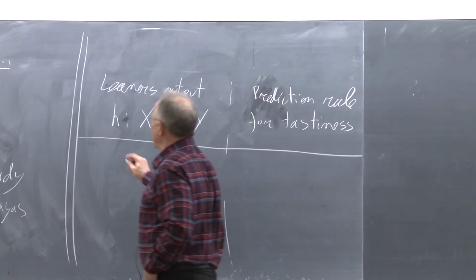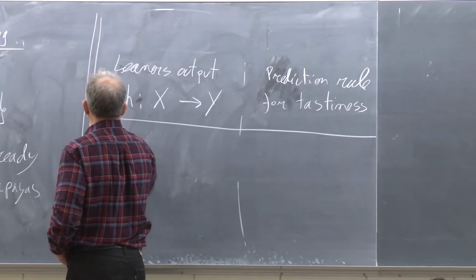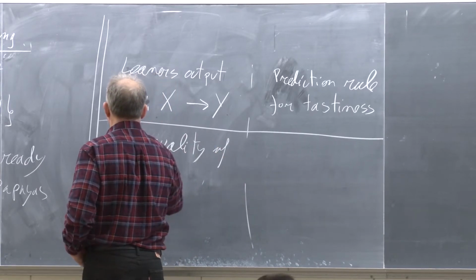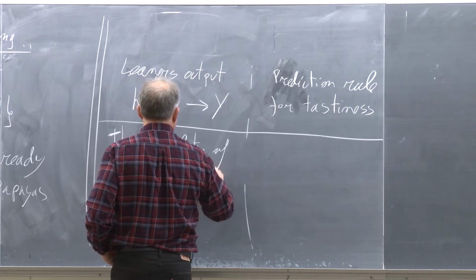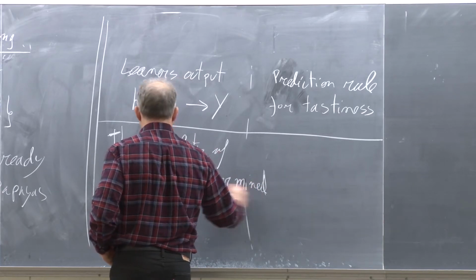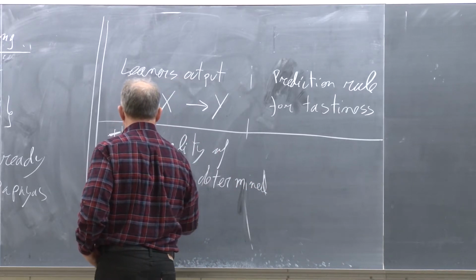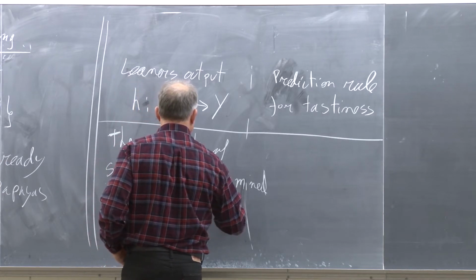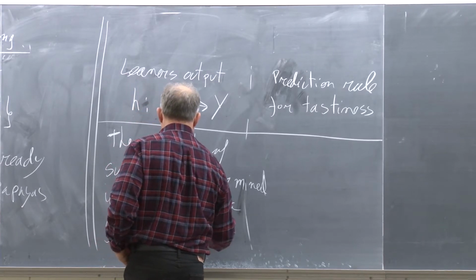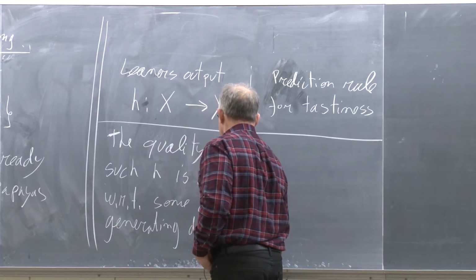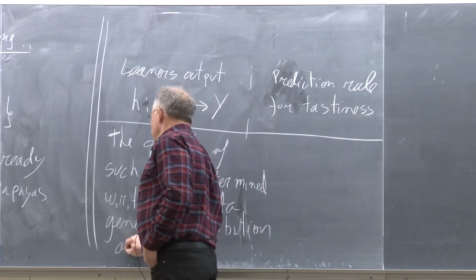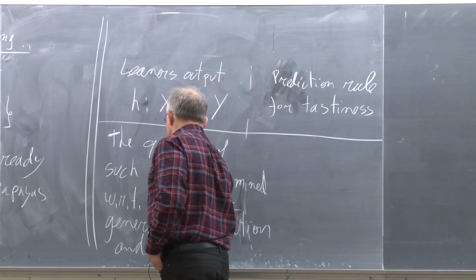So the quality of such H is determined with respect to some data generating distribution and labeling rule.